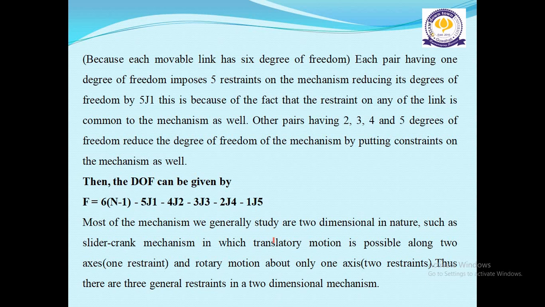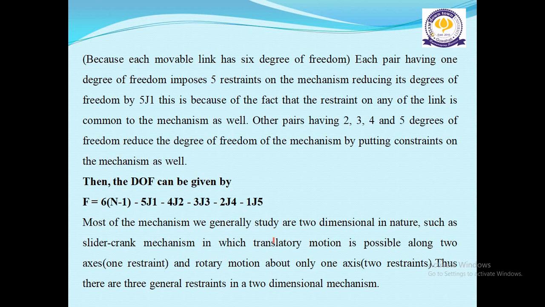Because each movable link has 6 degrees of freedom, each pair having 1 degree of freedom imposes 5 restraints on the mechanism, reducing its degrees of freedom by 5j1. This is because the restraint on any of the links is common to the mechanism as well.